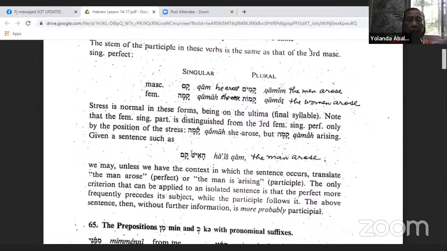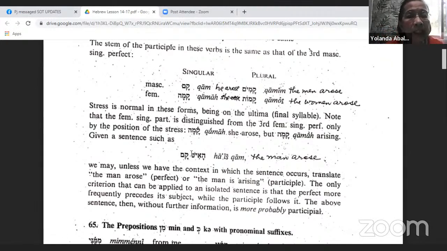As you can see, the third feminine singular perfect. When we say perfect, the past tense of kom is kama. By the position of the stress, kama, she arose. But kama, arising. Ano ang difference nitong una na kama?